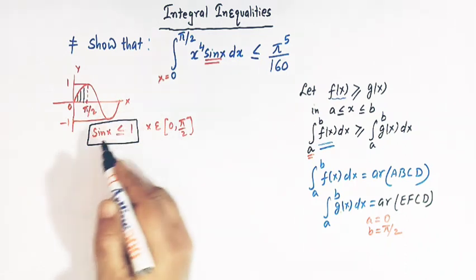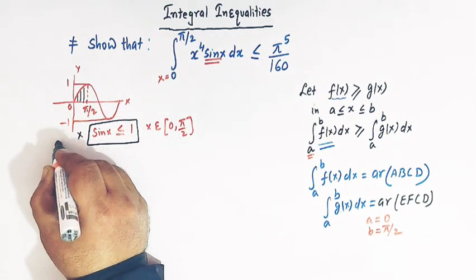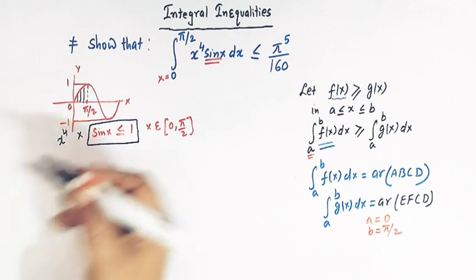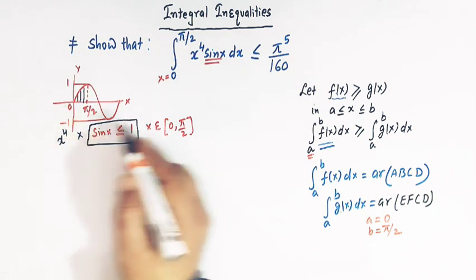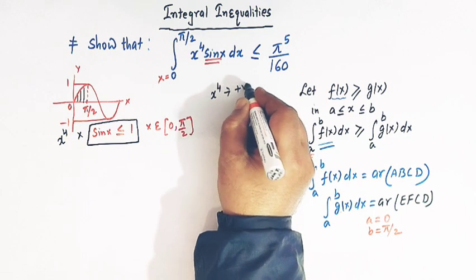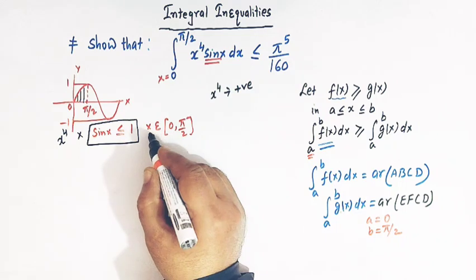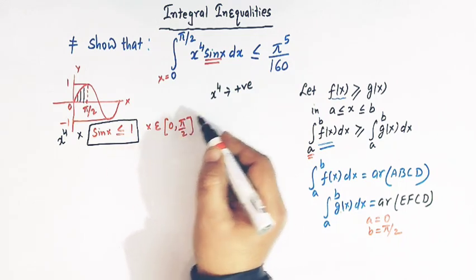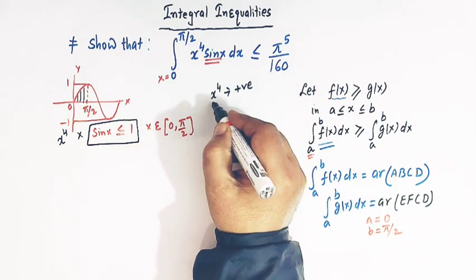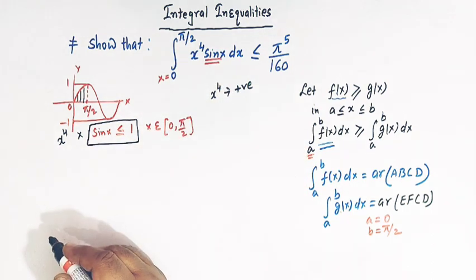So what we will do, we'll multiply this entire inequality by x raised to 4, and we can conclude that x raised to 4 is always a positive quantity because this is an even function, right? And when x belongs to this interval, then for all values of x, x raised to 4 is always positive, right?